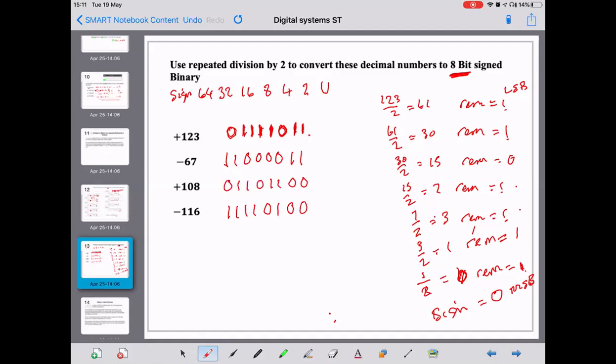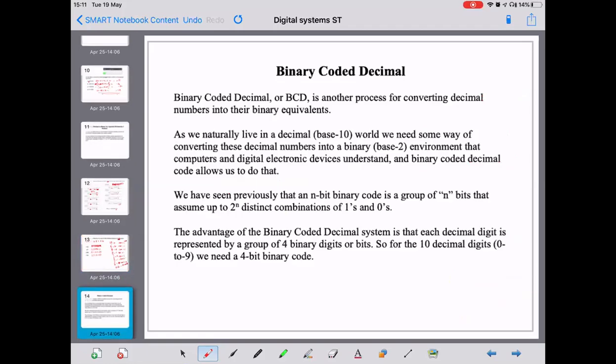Having done that, we're going to have a look at another slightly different system that can be used when we want to display some digits of a binary number on a 7-segment display. It's called binary coded decimal, BCD for short, and it's a process for converting decimal numbers into their binary equivalents.